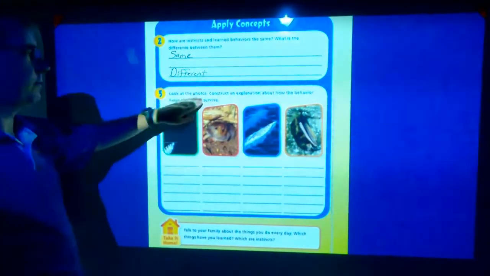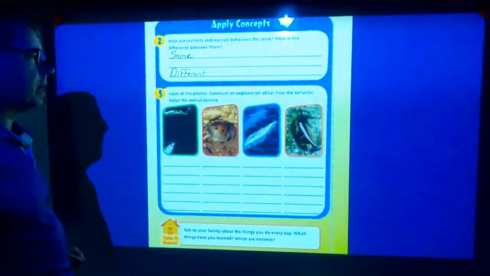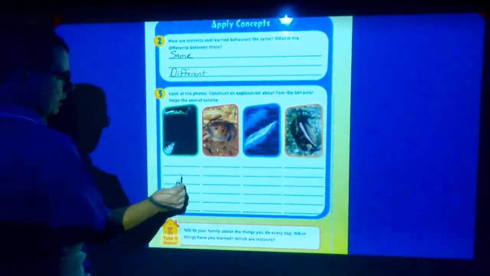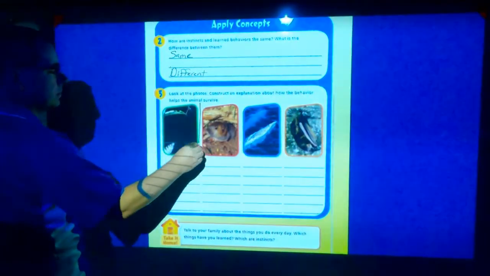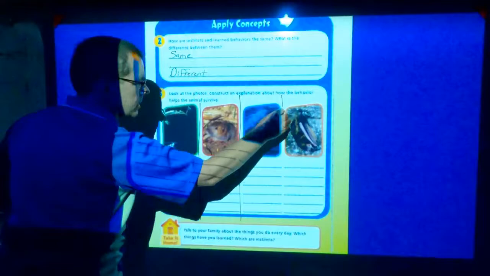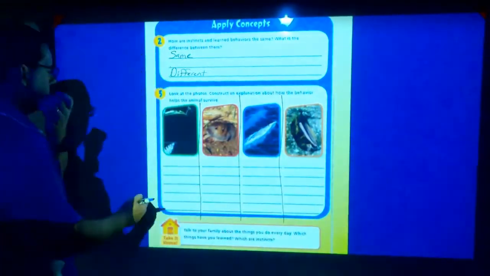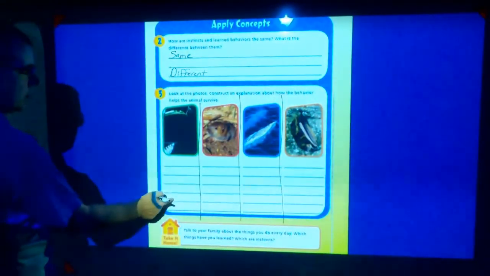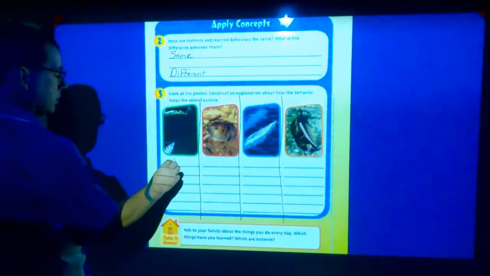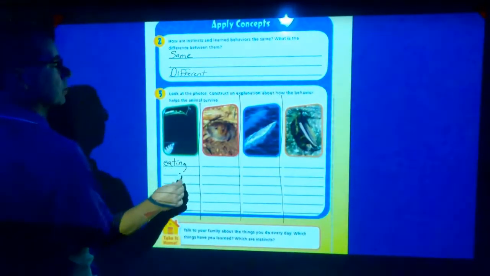Number 3 says, look at the photos. Construct an explanation about how the behavior helps the animal survive. So if I'm here, I'm using just this column for this one, just this column for this one. So write down things that you see here. So eating, that's an important one.